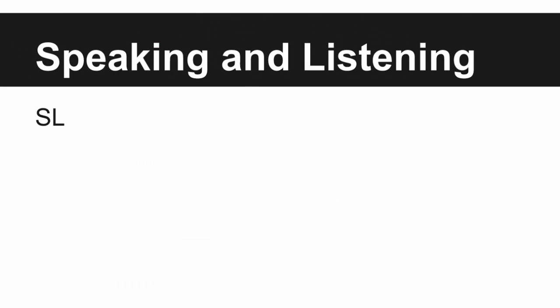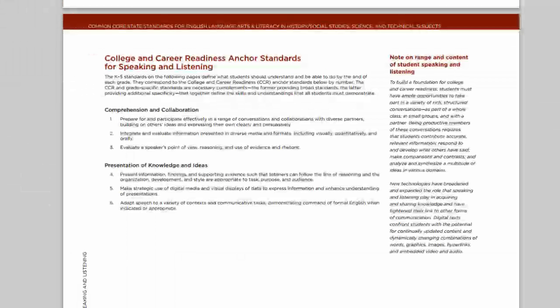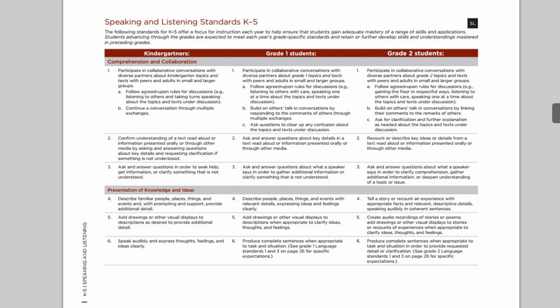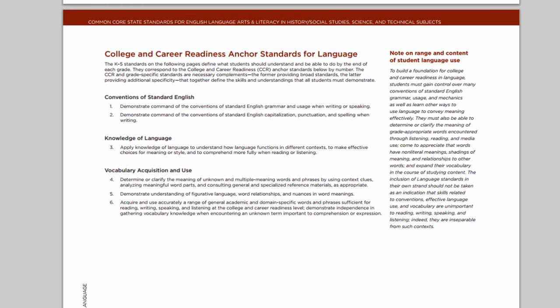Our next standard is speaking and listening, denoted by SL. For speaking and listening, we're given 2 standards: comprehension and collaboration, and presentation of knowledge and ideas. So for our different grade levels, these are broken down into 6 learning goals for kindergarten, grade 1, and grade 2. And finally, we're at our standards for language, such as conventions of standard English, knowledge of language, vocabulary acquisition and use.